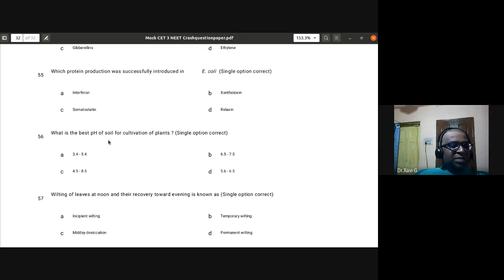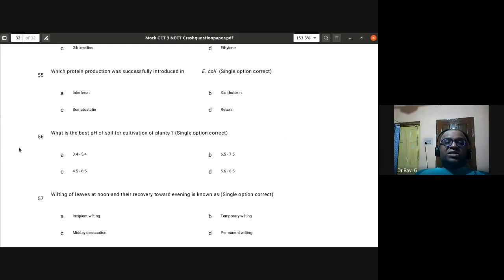What is the best pH of soil for cultivation of plants? Is it 3.4 to 5.4, 6.5 to 7.5, 4.5 to 8.5, or 5.6 to 6.5? The best pH of soil for cultivation of plants is 6.5 to 7.5.